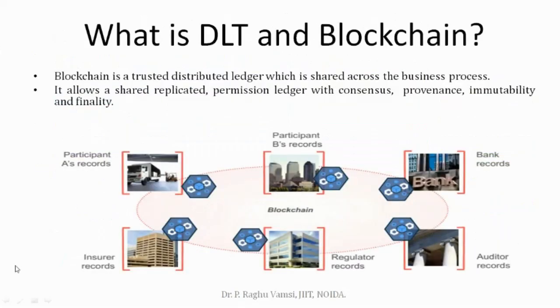if any new participant joins the network, for example, here participant A is there, participant B is there, a bank is there, a financial institution is there, a regulator is there, and an auditor is there. Now some government is added, some new participant joined. Now what will happen?